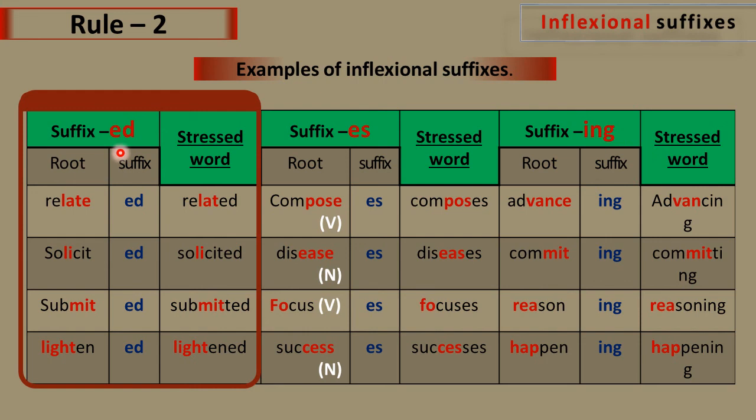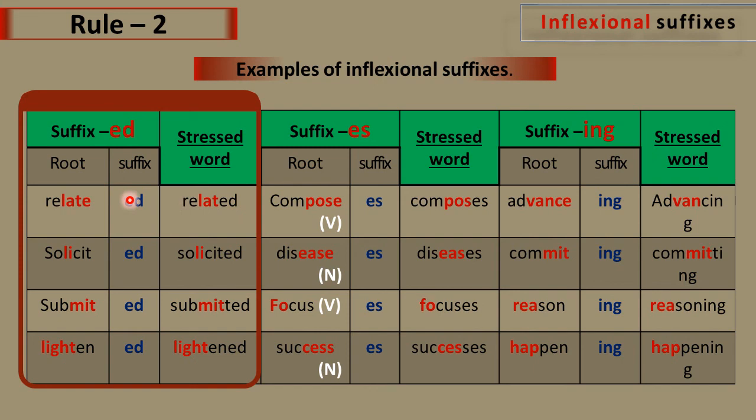Anyway, here remember again the rule of inflectional suffixes: the inflectional suffixes don't affect the stress of the root word. And what is the root word? The root word is relate, and the suffix is -ed, and this one is the stressed or suffixed word.